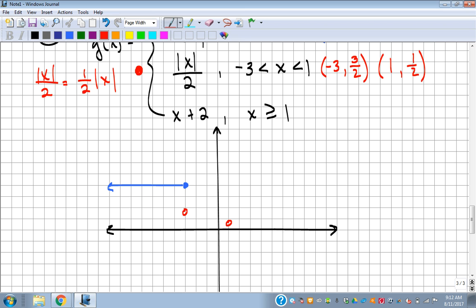Well, there's no H and there's no K. If they're not there, the vertex will be 0, 0. And then that makes it easy to draw the graph because it's a V. So you get more of the left-hand side of the V than you do right-hand side. You get a little bit of the V shape there for the absolute value graph.